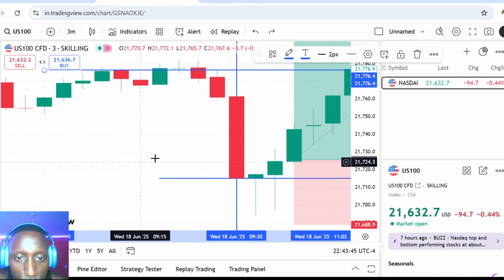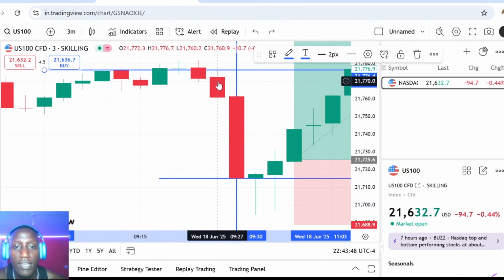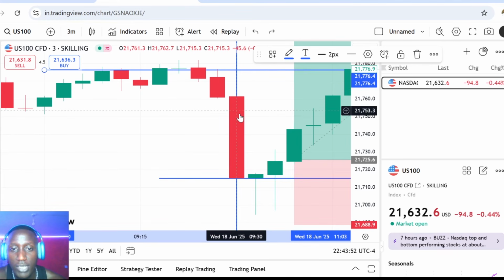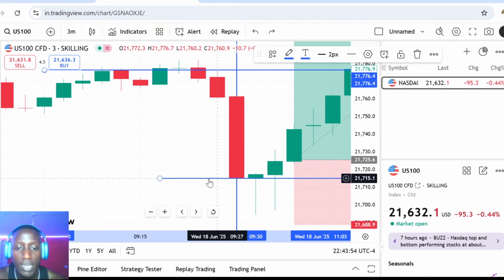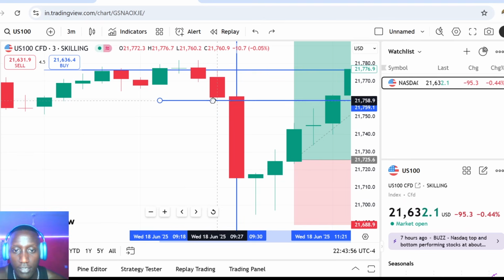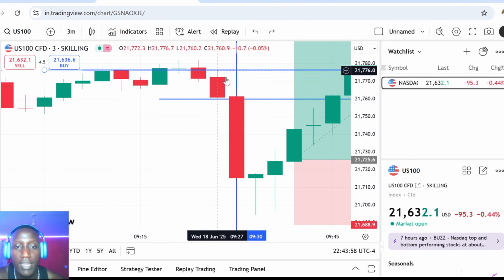What we do when you come to the market is we identify the last candle before the market opened. So if this was 9:30, this was the candle that we were interested in. The candle gives us a high and a low.